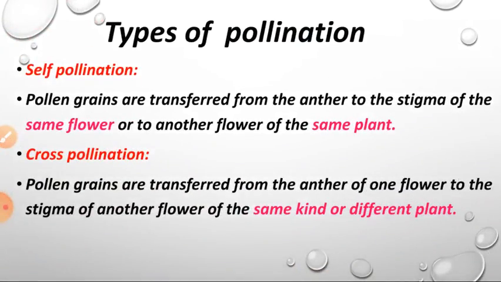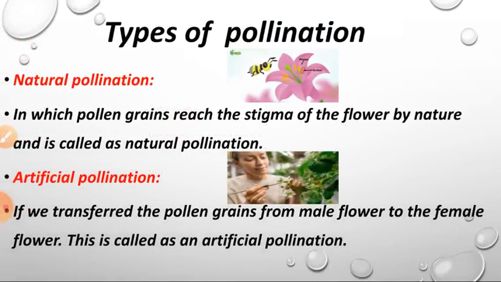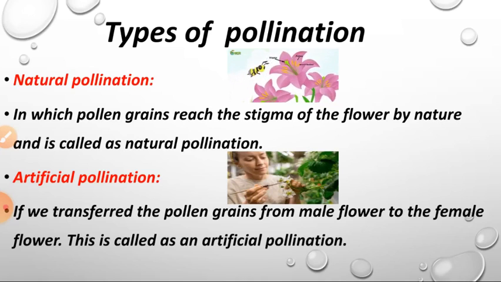If we transport the pollen grains from the male flower to the female part of the flower, it is called artificial pollination. If the process is not done by nature but by us, it is artificial pollination.